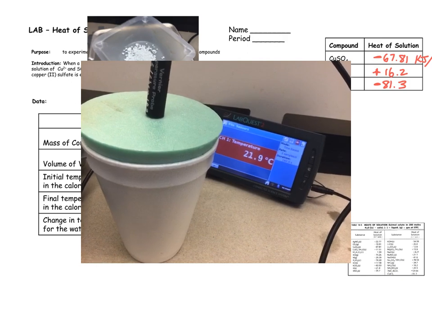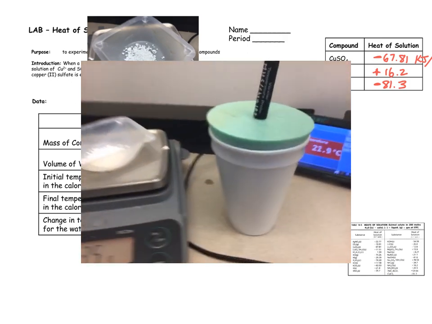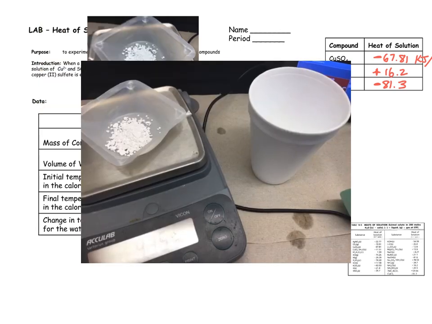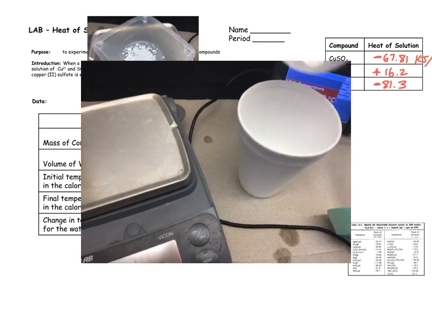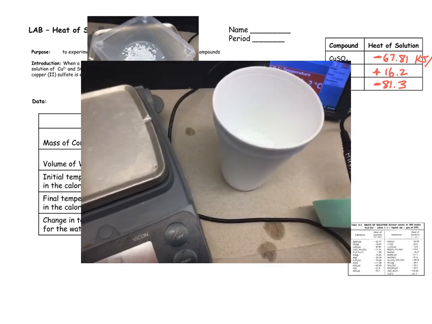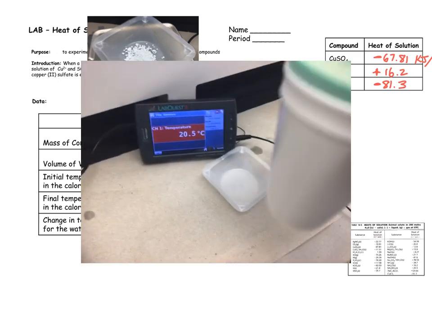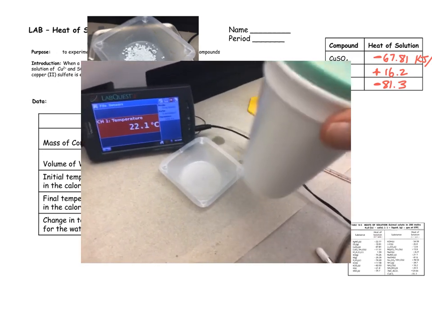Let's go with 22.0. 100 milliliters again. Add the compound, calcium chloride. And we'll let it swirl and sit for a minute.